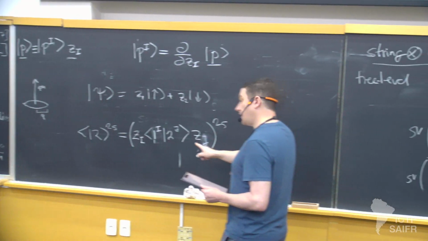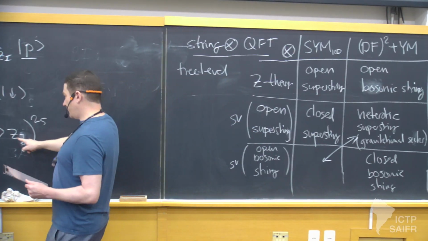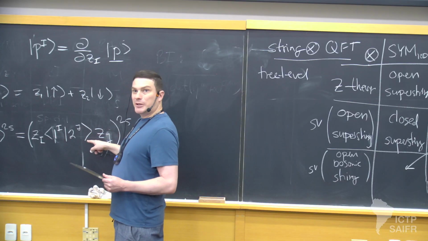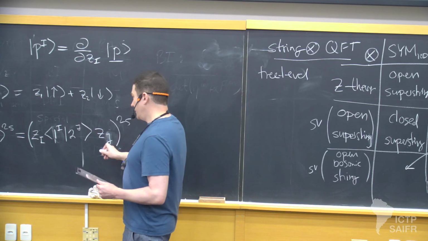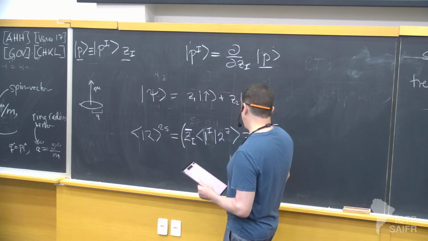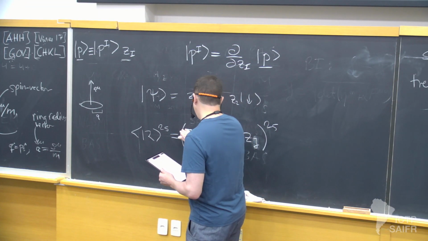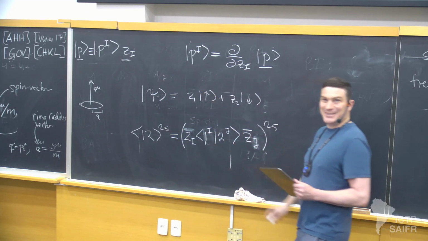Although here I did an error. I don't know if you noticed I did an error. The error I did is that I used the same z for two different particles. Obviously, they have different little groups, so they should have different z's. So I can just fix that by putting a bar here. Well, actually, maybe I should. Yeah, let's put it there. Whatever.